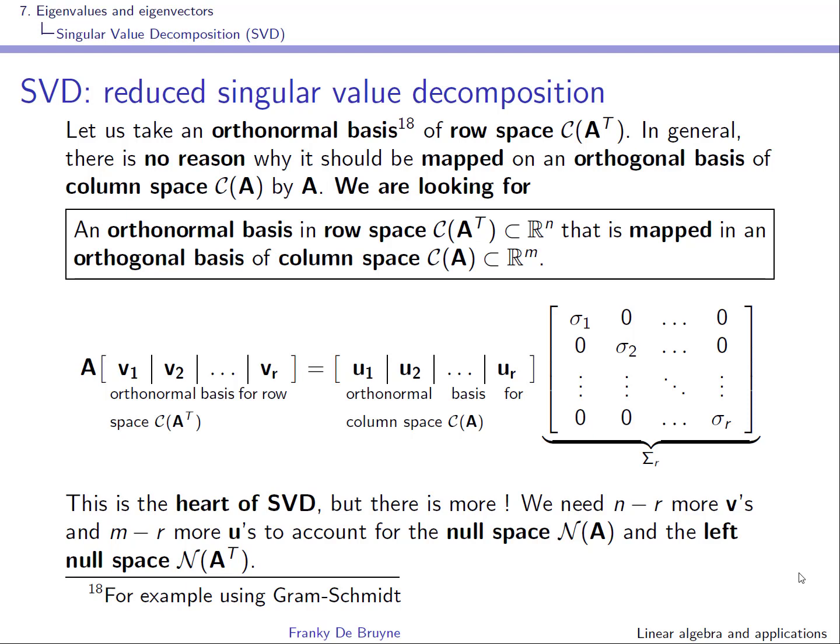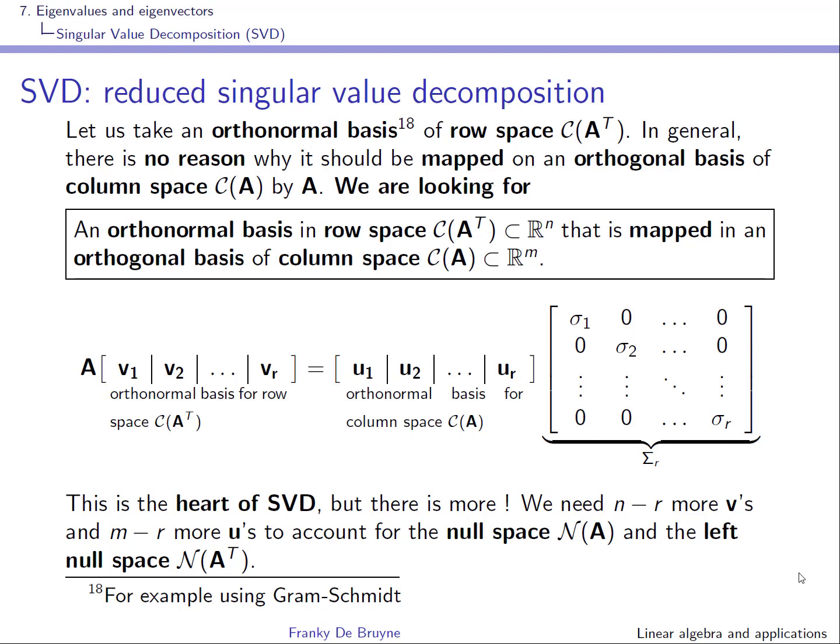Okay, so we're looking for that special orthonormal basis of row space that is mapped into an orthogonal basis of column space, and we'll make the assumption that it is possible, and we'll construct the singular value decomposition as such, and we'll see later that it is indeed possible to compute it.